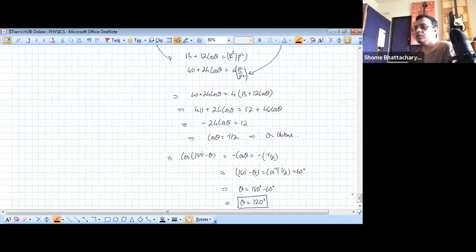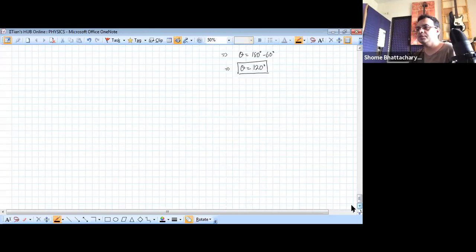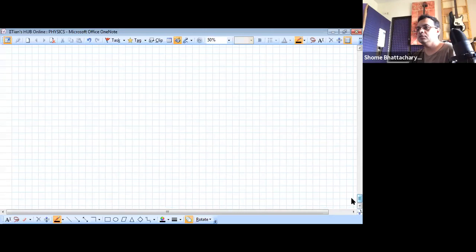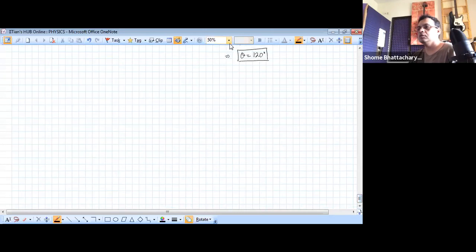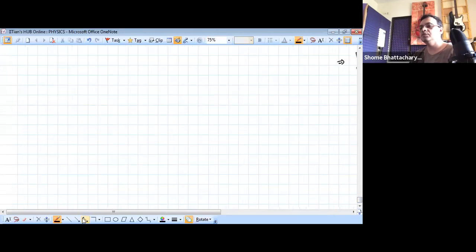So the same question can also be solved by component algebra method in the following manner. Just assume that the vectors f1 and f2 are like this. Magnitude 3p.